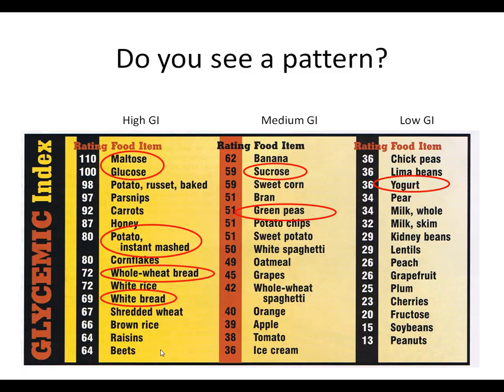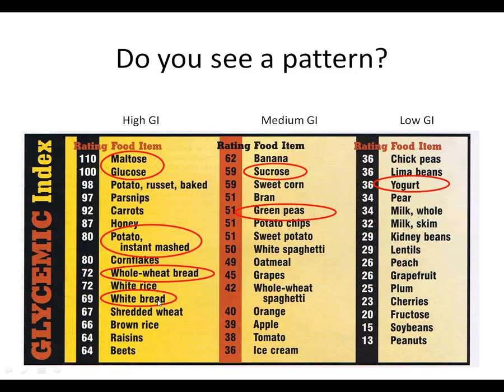And then finally, before we go on, we all think that whole grains are good because they have lower glycemic indexes. But if you look at the relative glycemic indexes for whole wheat bread and white bread, they're very similar.